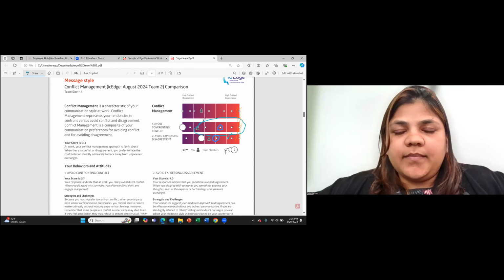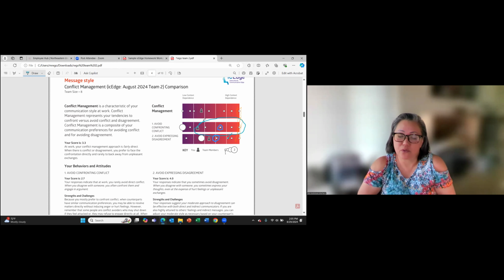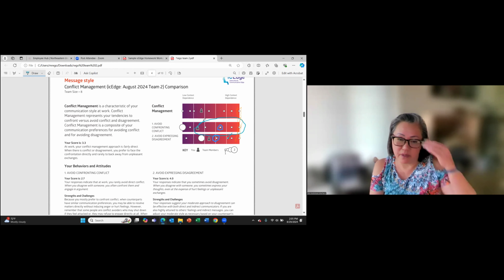If we're at the place of avoiding conflict and avoiding expressing disagreement, and something comes up and we need to address it, what would work better for you? Is there something that we could build in, so that if we ever get to this place, we have structures for us to talk about it?